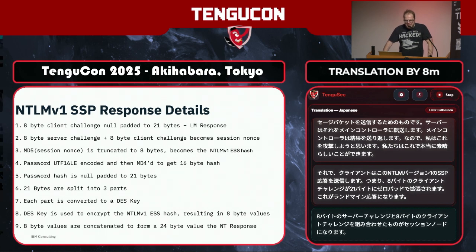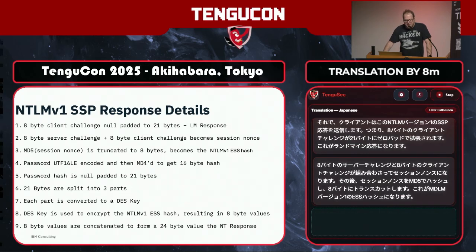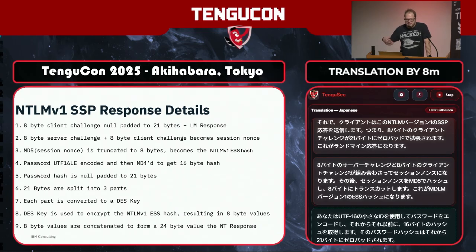This becomes the NTLM version 1 ESS hash. You UTF-16 little endian encode the password and MD4 it to get a 16-byte hash. That password hash is then null padded out to 21 bytes. These 21 bytes are split into 3 parts. Each part is effectively a DES key. The cool part about this is the third part of that DES key is crackable instantly on CPU.